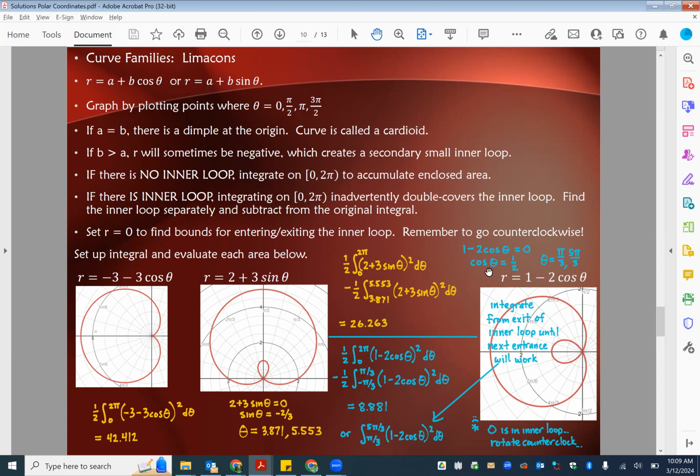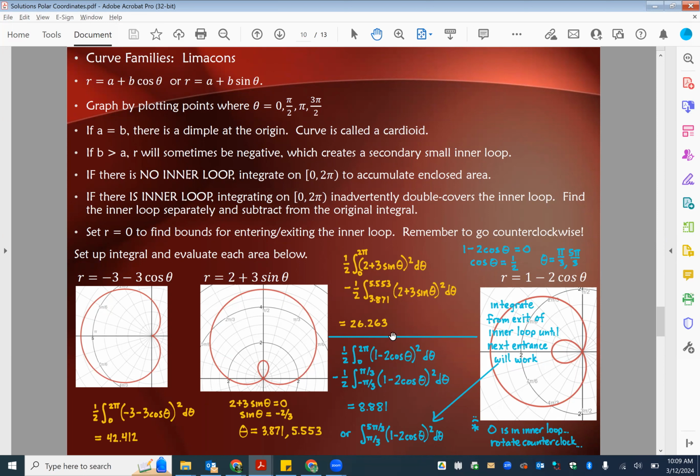Pi over 3 is actually an exit from that inner loop, whereas 5 pi over 3 is the entrance. So the preferred way to deal with that is instead of using 5 pi over 3, you should be using negative pi over 3 so that you're only encompassing the inner loop itself and not the other portion of the curve.